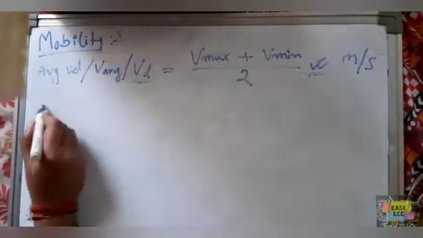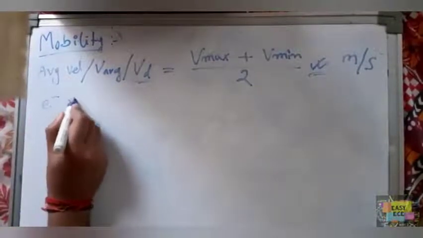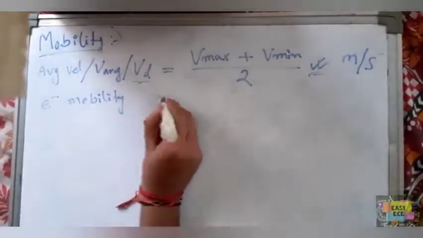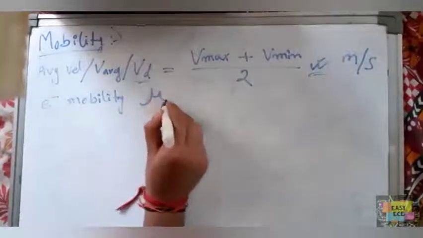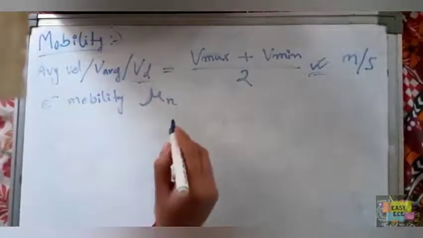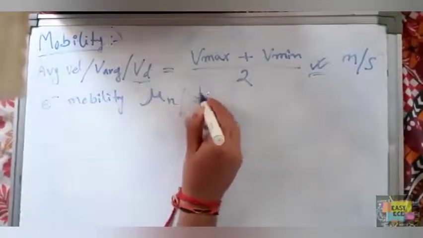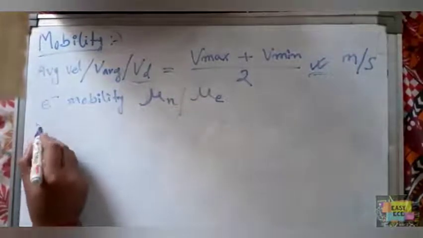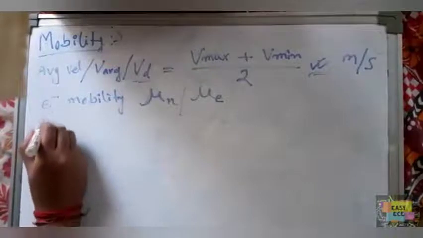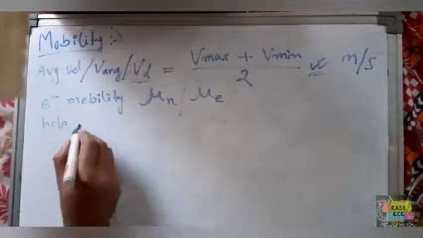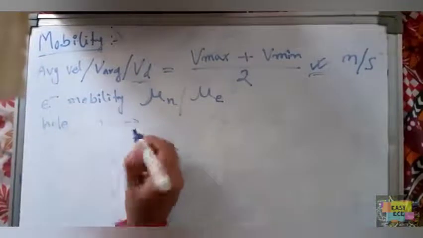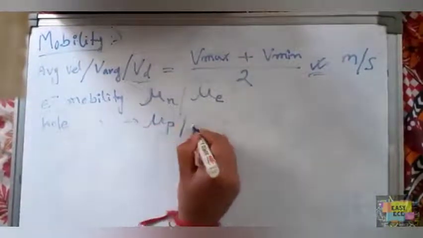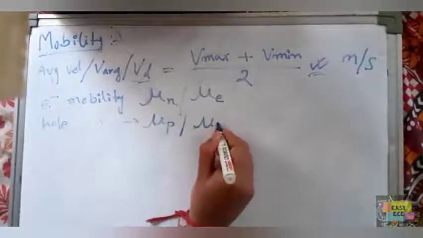Electron mobility is denoted as mu n, or mu e, and hole mobility is denoted as mu p, or mu h.